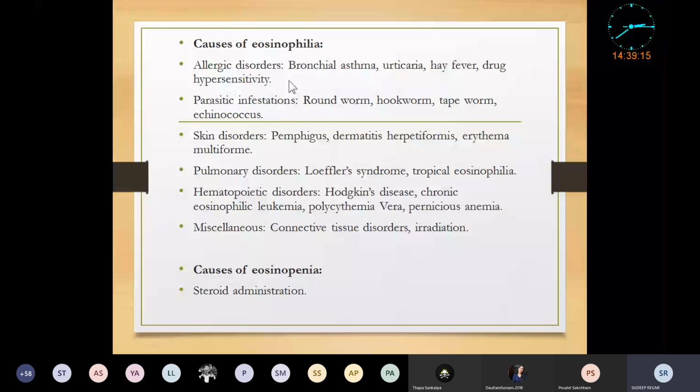These will all cause eosinophilia, and other skin disorders like pemphigus, dermatitis herpetiformis, erythema multiforme, and pulmonary disorders like tropical eosinophilia, Loeffler syndrome, and in hematopoietic disorders, Hodgkin's lymphoma, chronic eosinophilic leukemia, polycythemia vera, pernicious anemia, and miscellaneous disorders like connective tissue disorder and irradiation. You should know at least allergic disorders, parasitic infestation, skin disorders, hematopoietic disorders, Hodgkin's disease and connective tissue disorders. This you should know. Is that fine?